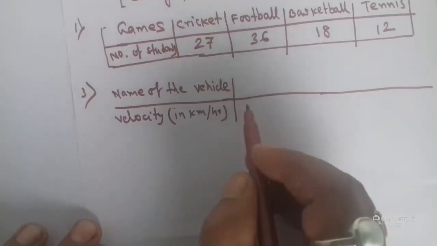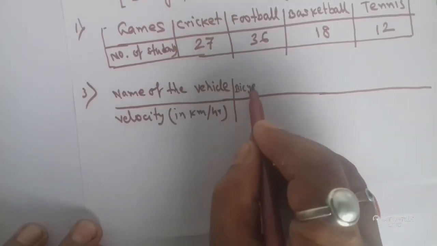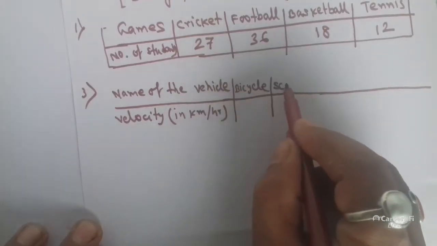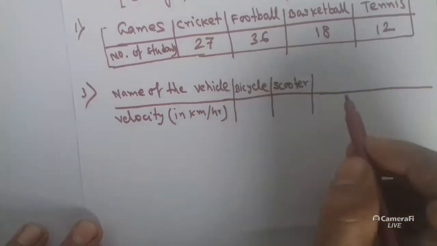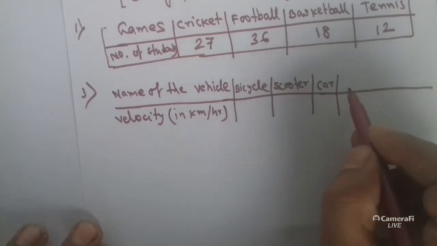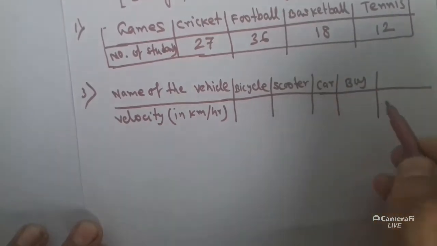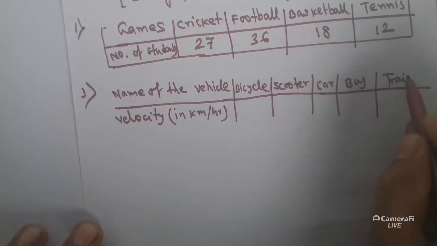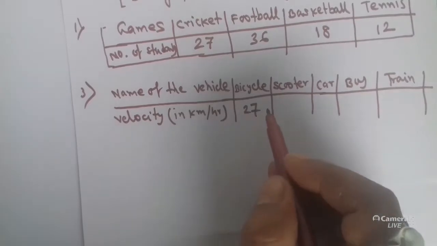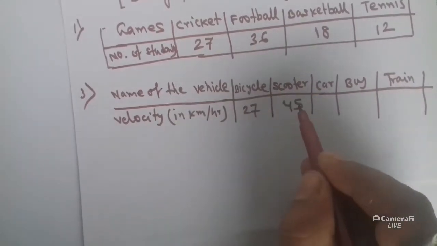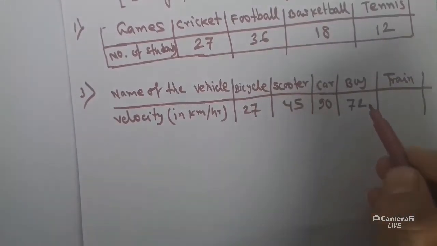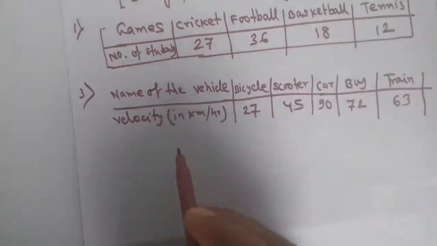First one is bicycle, second one is scooter, third one is car, fourth one is bus, and last one is train. So bicycle is 27 km per hour, scooter 45 km per hour, car 90 km per hour, bus 72 km per hour, and train 63 km per hour.